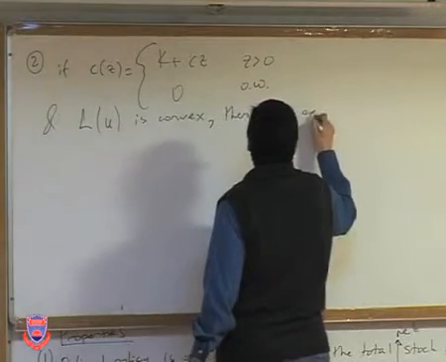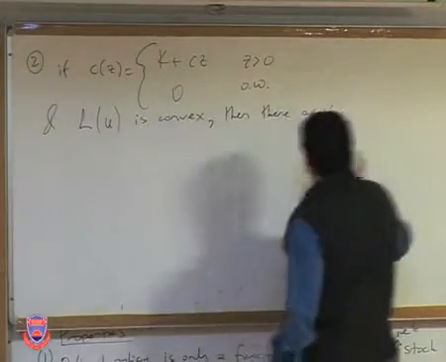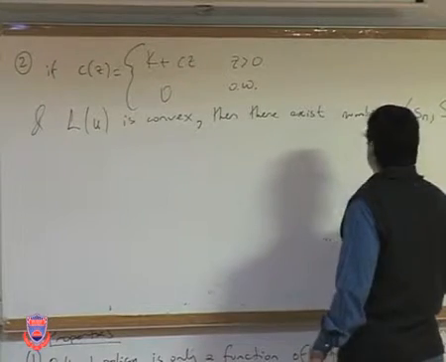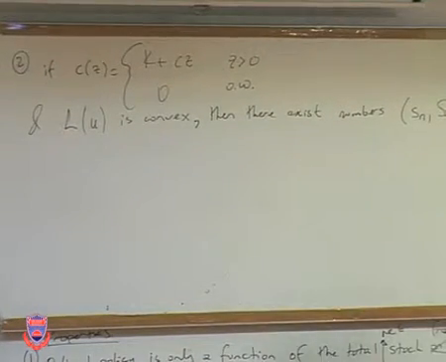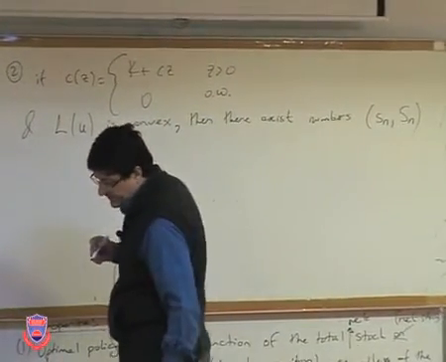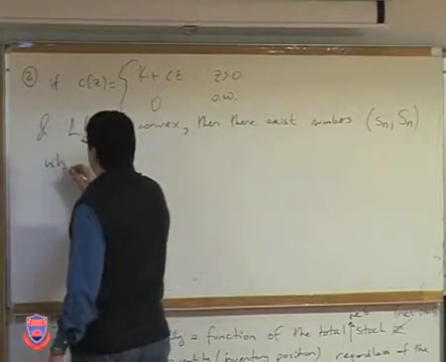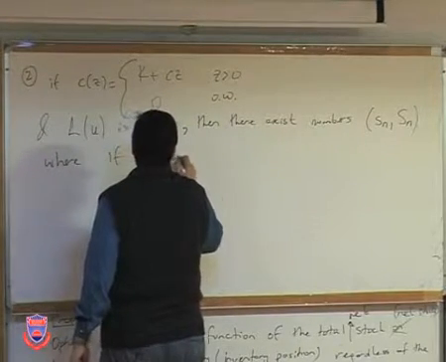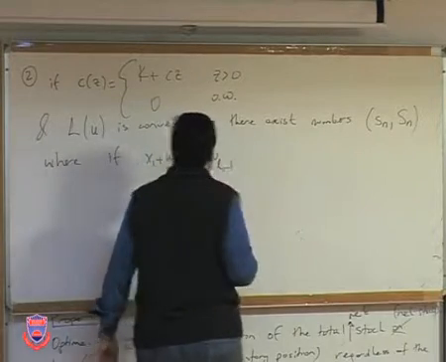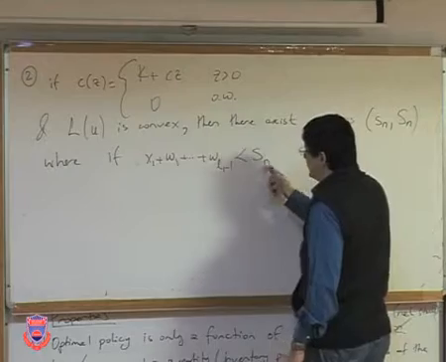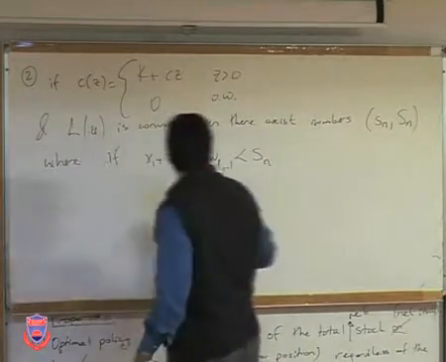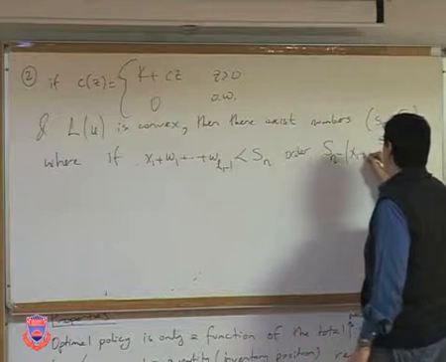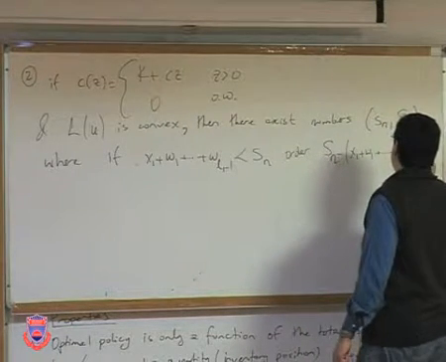there exist two numbers, which I'm going to call lowercase s sub n and uppercase S sub n, where if x1 plus w1 through w sub L sub 1 minus 1 is less than s sub n, this is the lowercase, order capital S sub n minus x1 plus w1 through w sub L sub 1 minus 1.